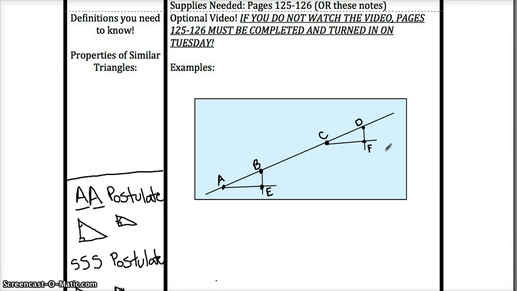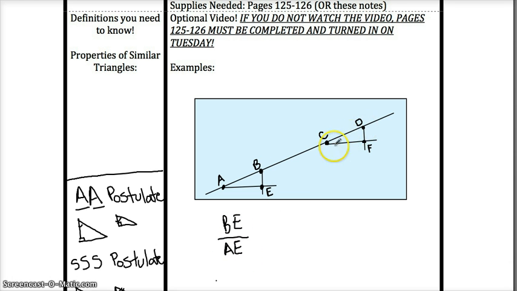And then section C says to write expressions for the slope between A and B and between C and D. So to do that, remember our slope is rise over run. So our rise here is BE. This is our rise. So we're going to do rise is BE. Therefore, our run is going to be AE. All right, so here's AE, and our slope is BE over AE.